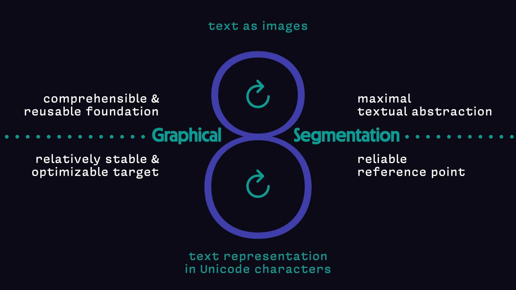So the whole industry can focus on a relatively well-defined abstraction layer and pour our efforts into it to optimize for user experience, instead of letting all the type foundries and users redo the whole shaping process from text to glyphs over and over again, creating so many incompatible and quite often incorrect shaping results.